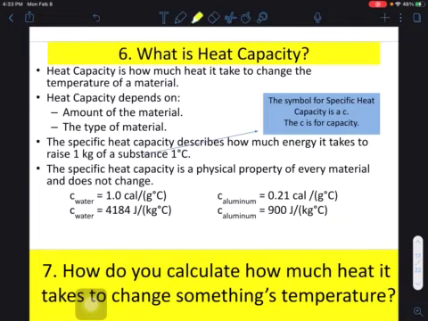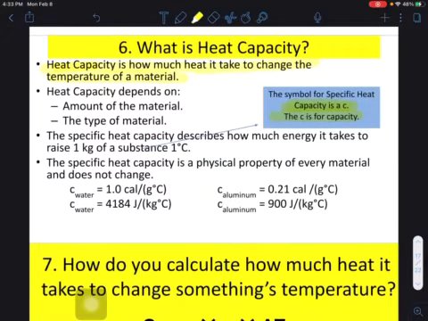Heat capacity is how much heat it takes to change the temperature of a material. It depends on the amount of the material and the type of the material. The symbol is the letter C, C for capacity. Sometimes it'll be called specific heat, sometimes specific heat capacity, sometimes just heat capacity.